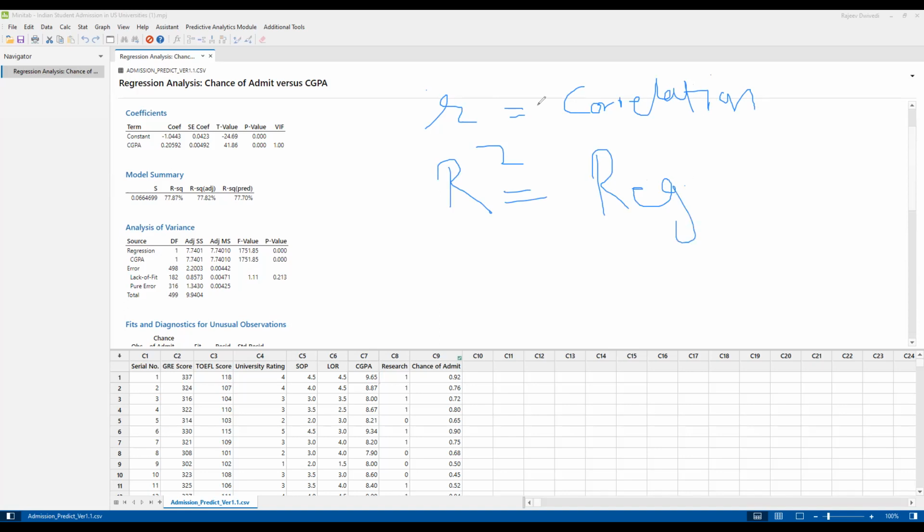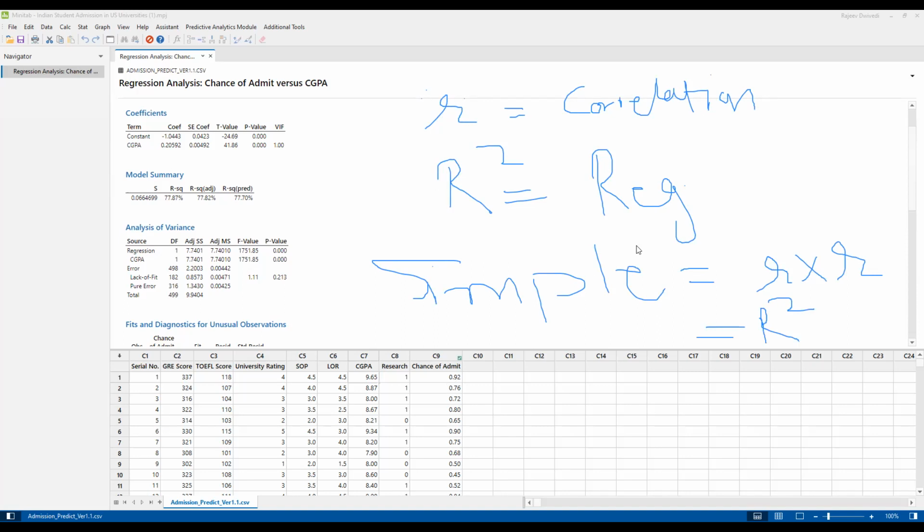What is the difference between these? In simple regression, correlation times correlation gives you R square. And I will show you here.